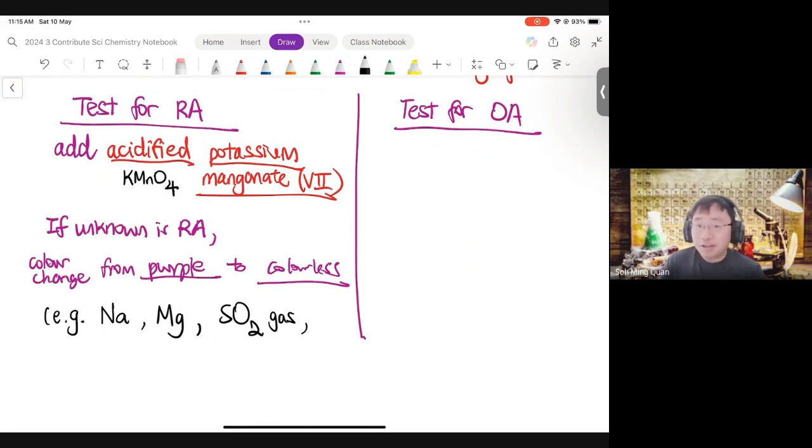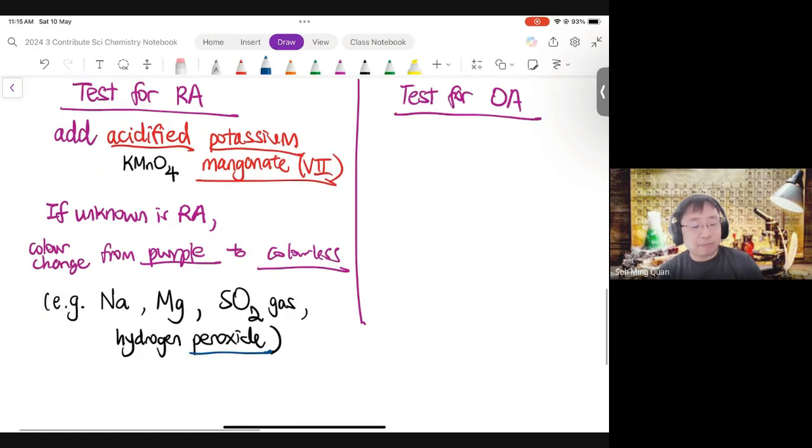One last one, which is what we said, hydrogen peroxide, is also a common reducing agent found in your laboratory. Now, at the start of the lesson, I said something about peroxide. If you recall, peroxide is a special word. When you read this word peroxide, alarm bells should sound in your head. Peroxide means the oxidation state of oxygen is no longer the usual -2.